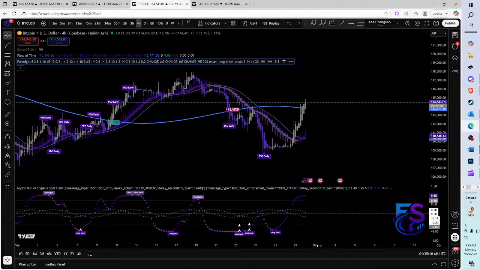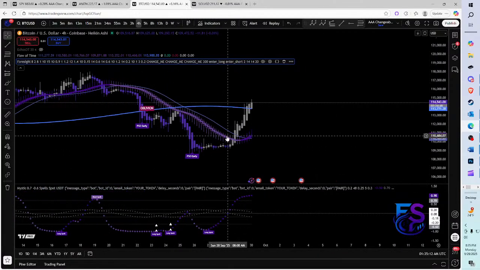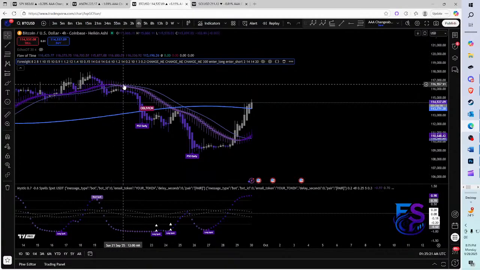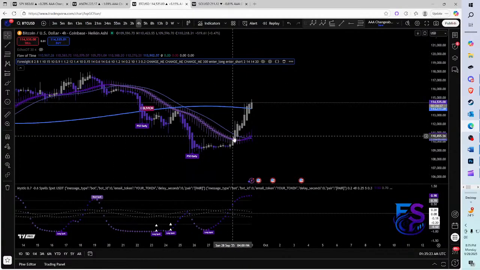And here's another little trick. I don't even think I covered this in the tutorial video that you can view on the channel. When the trend flips, you can see here that we're going from this deep purple into this lighter purple.